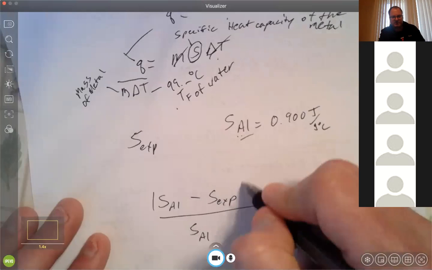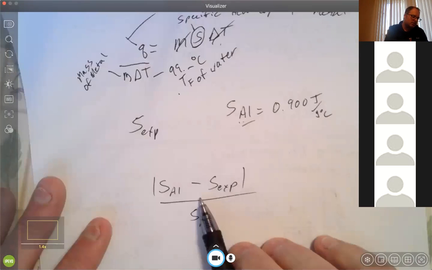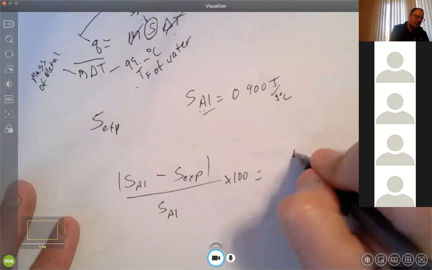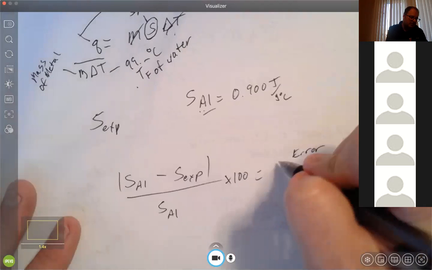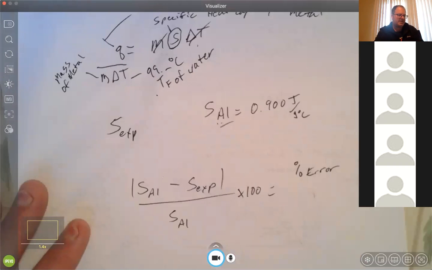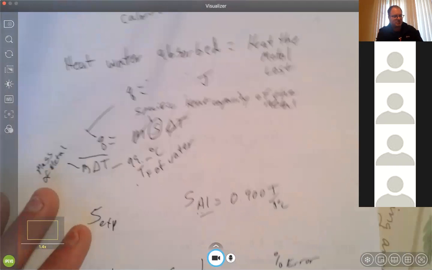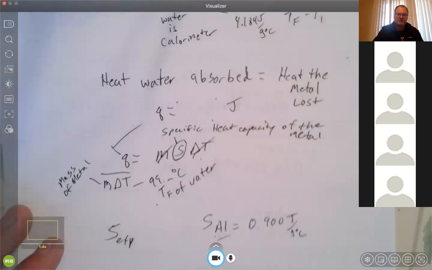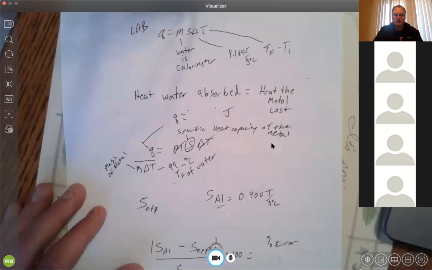This is an absolute value up here, and then you multiply that by 100 to equal your percent error. So those of you that did not complete the laboratory and turn that in, you want to make sure that you go through and do these problems with that information from the laboratory.